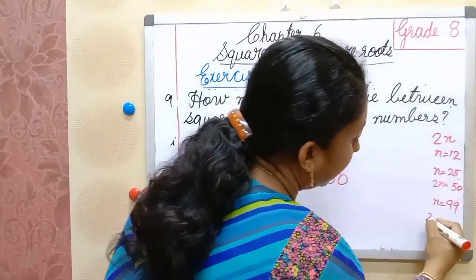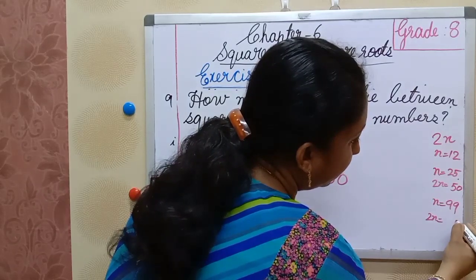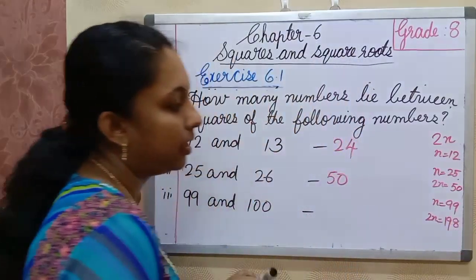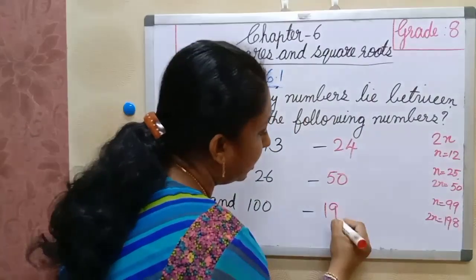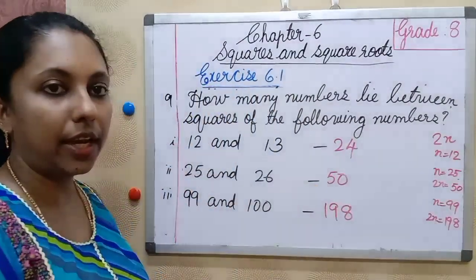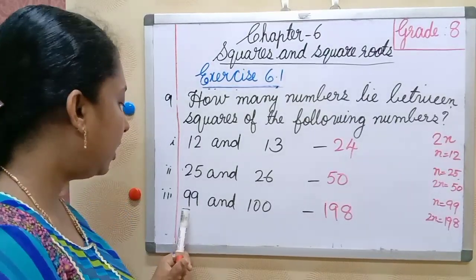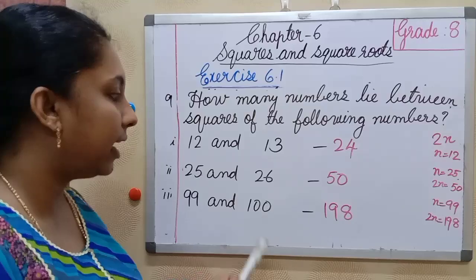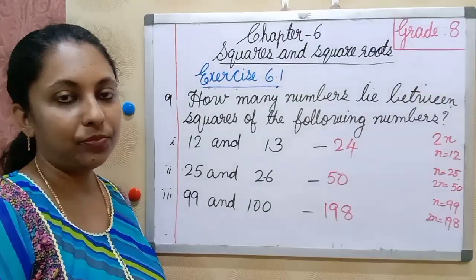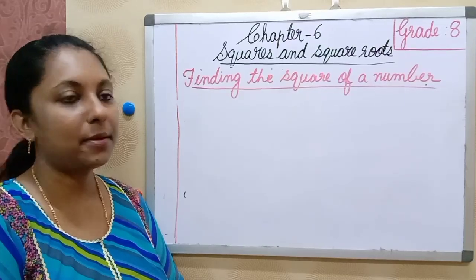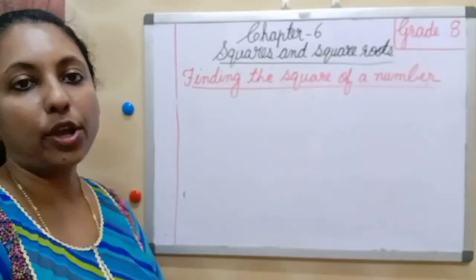So 2n is equal to 99 into 2, 198. That is, there are 198 natural numbers or non-perfect squares between the square of the number 99 and 100. Hope it is clear.